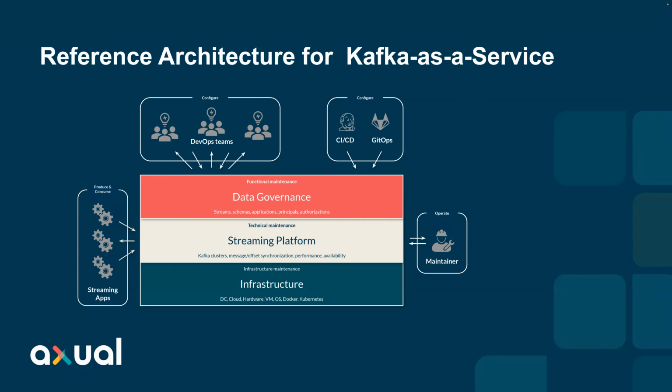And also we see a lot of organizations nowadays wanting to put their topic definitions, their access grants, etc., in their own Git repositories, and then have them deployed through Terraform or some other means through a GitOps way into the streaming platform.